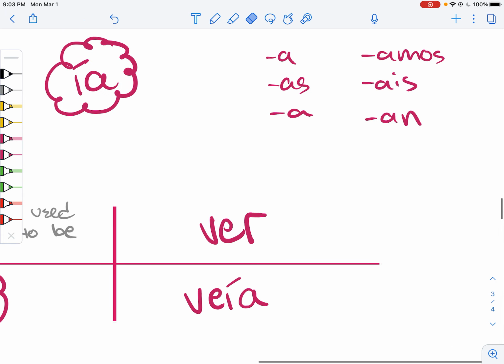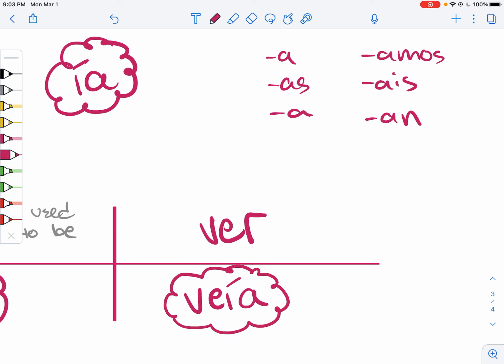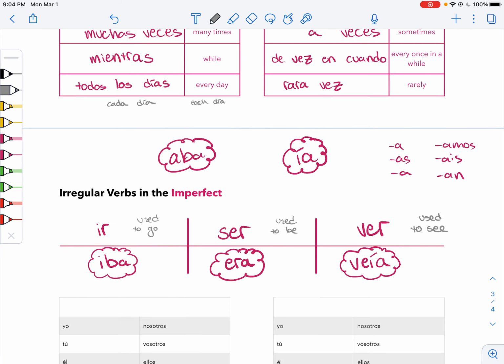It looks like a regular er verb because you drop the er and add the i, but technically, because you hang on to the e, it's irregular. So anyway, here's your veía cloud that goes with ver. Remember, ver is to see. So if you want to talk about things you used to see, veía. And so these clouds form your main idea, and then your little 6 conjugation endings, you add these after the a.